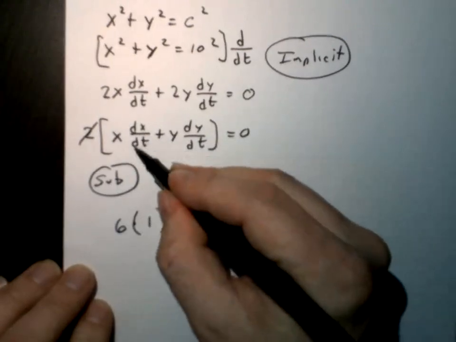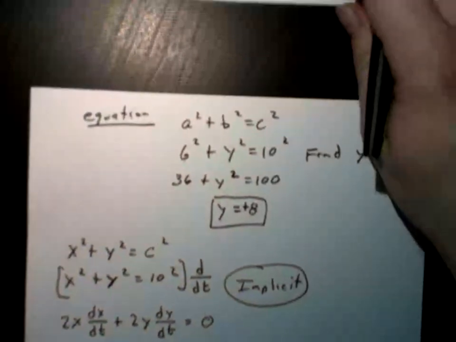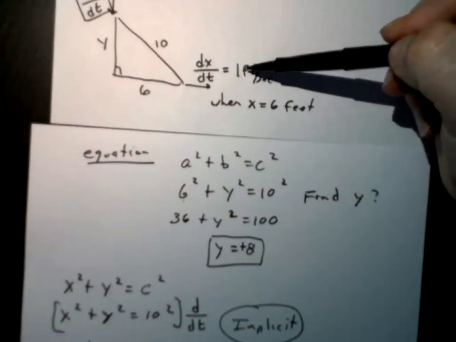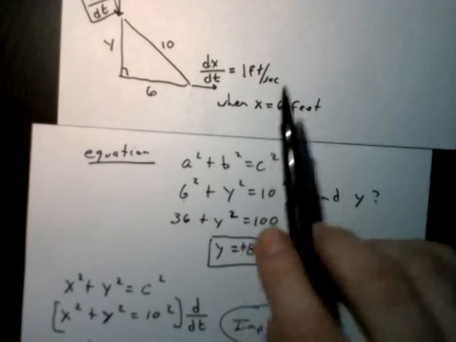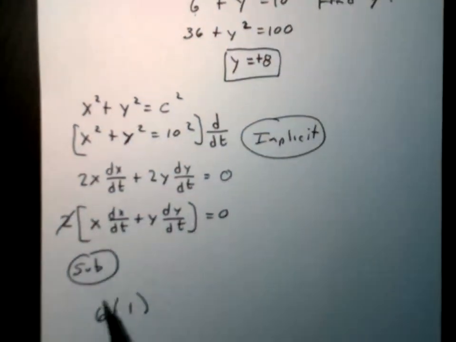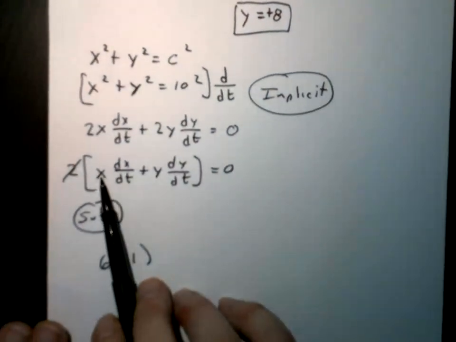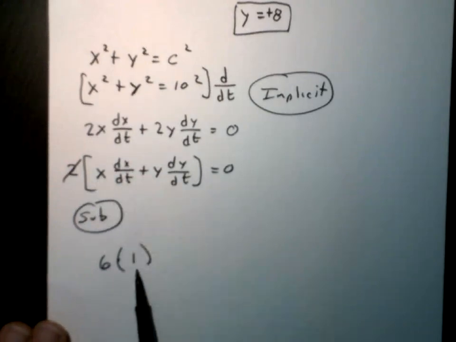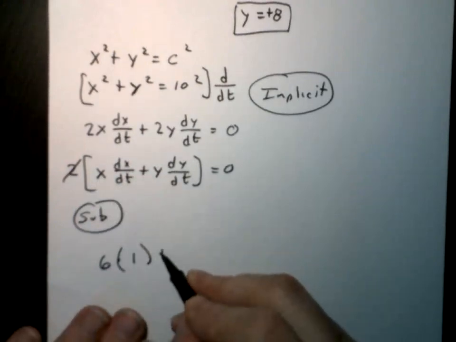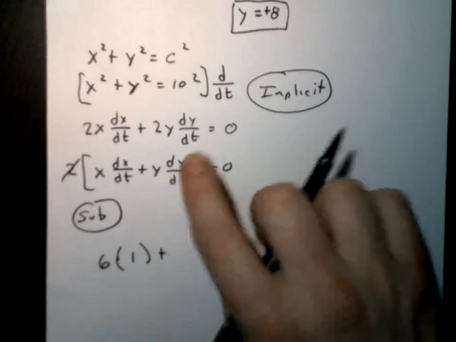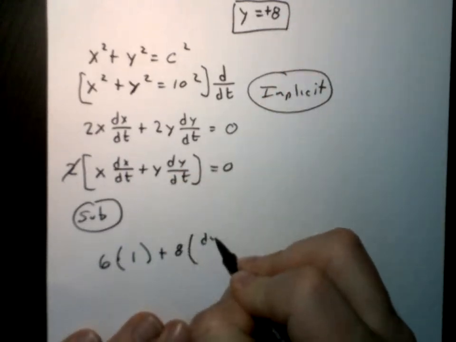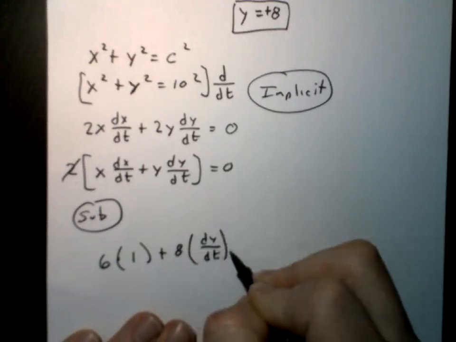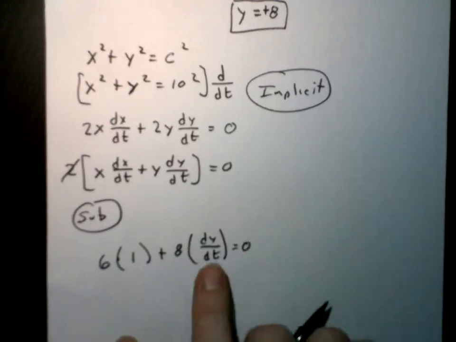Because it's going 1 foot a second. If we look back at our picture, it's going to be 1 foot a second. It's slipping out when x is 6. That's why this equation right here has 6 and the rate it's slipping, plus, well, we already figured out the y, which is 8. And by the way, we are trying to find this, equals 0. And that's what we're trying to find.